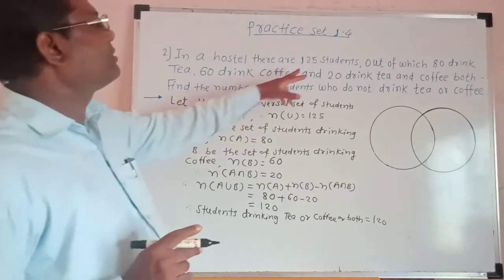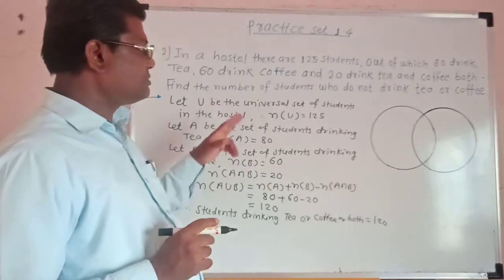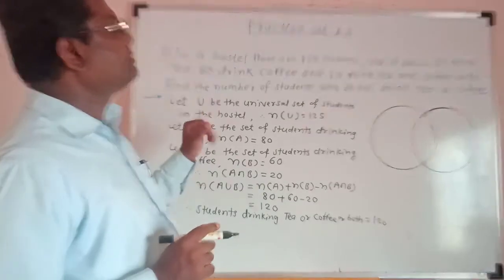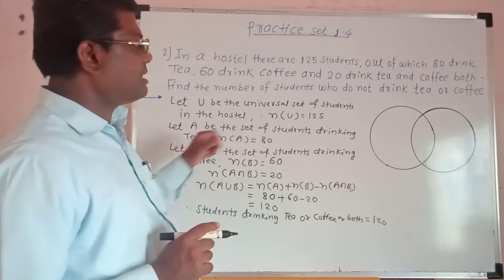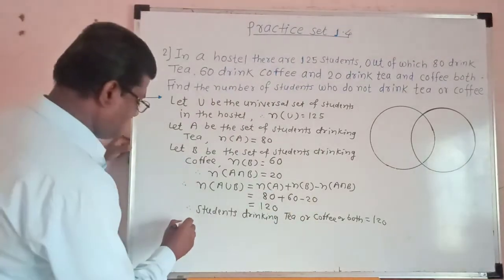But there are 125 students. Therefore, the students who do not drink tea or coffee are 125 minus 120.